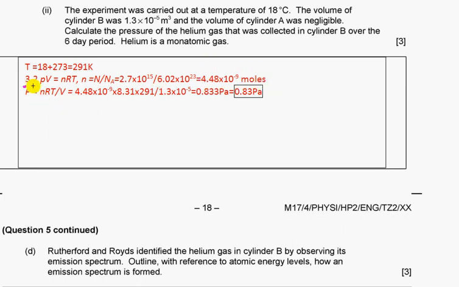Using formulas from section 3.2 for the gas equation, we rewrite it for pressure, and we only need the number of moles. Temperature we change to Kelvin, and the rest is given. Finished.